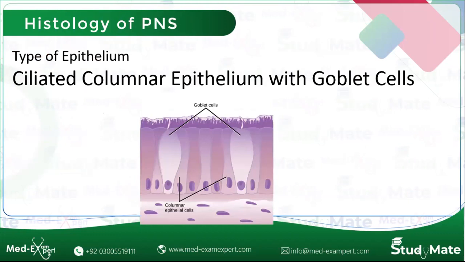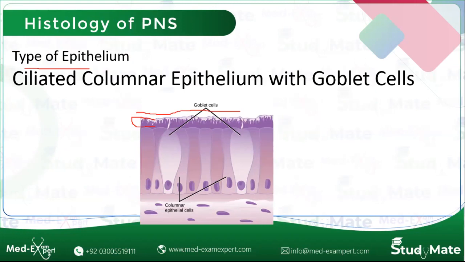So the last slide of this lecture, we will see the histology of the paranasal sinuses. You only have to remember one thing: what is the type of epithelium of the paranasal sinus. Paranasal sinus is basically a respiratory type of epithelium which is ciliated columnar epithelium with goblet cells. In this diagram, you can see the cilia, and above them a mucus layer.